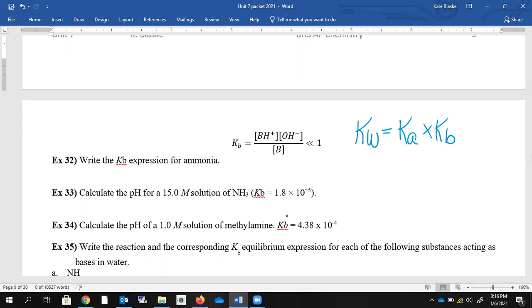So if we know the Ka of the acid, we can calculate the Kb of its conjugate base by using the Kw, the dissociation constant of water.